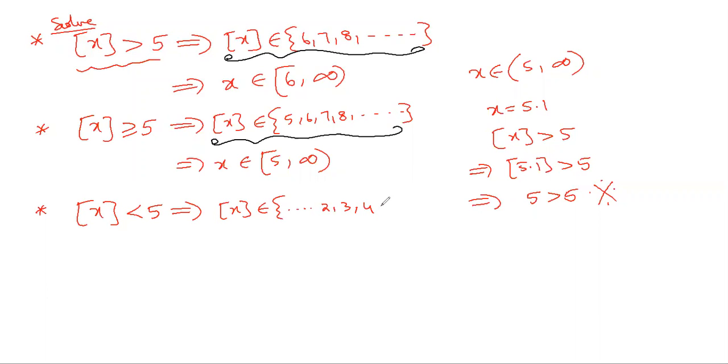Can I write 5? I don't think so. No. Because if the integral part of x is equal to 5, then 5 less than 5 is a wrong statement. So up to 4 only, right?